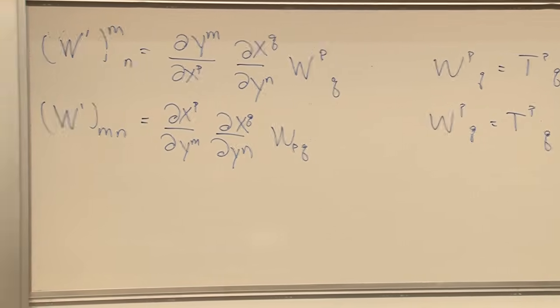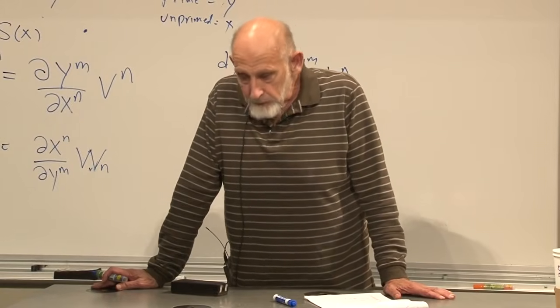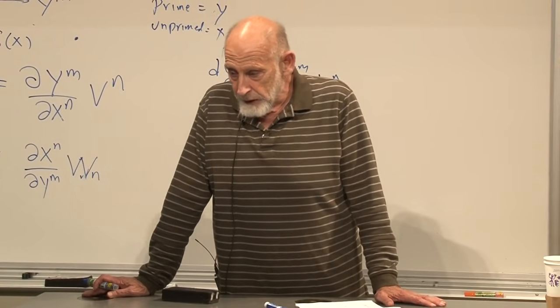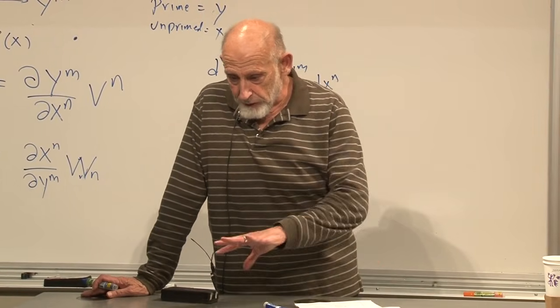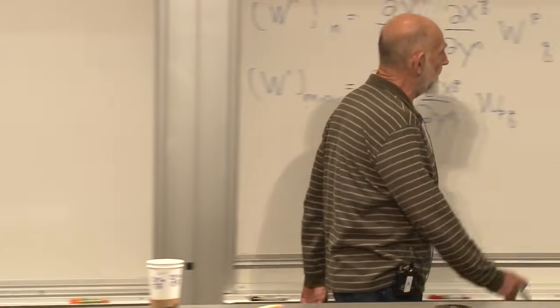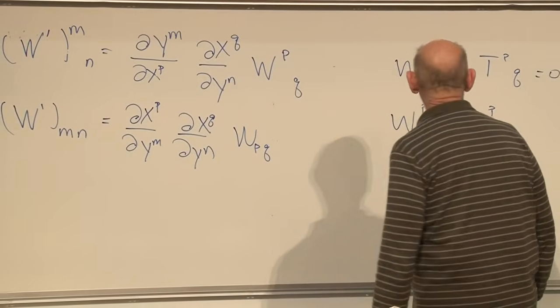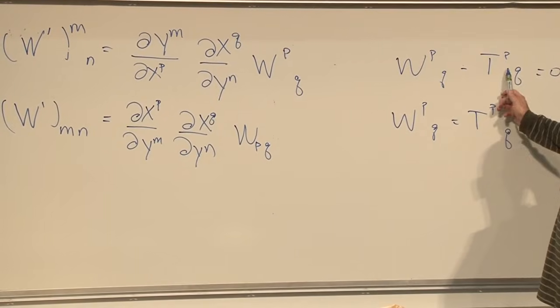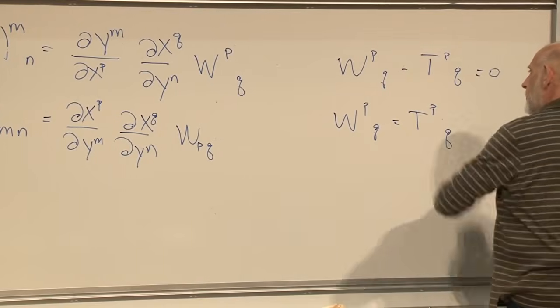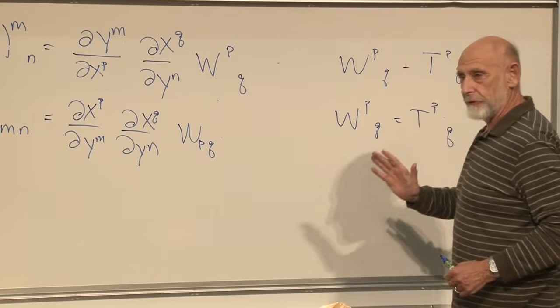Oh, its magnitude will be the same, but the individual components in different coordinate systems, look, we can always write this as W minus T equals 0, right? If every component of this W minus T object is 0, then it's true in every reference frame.